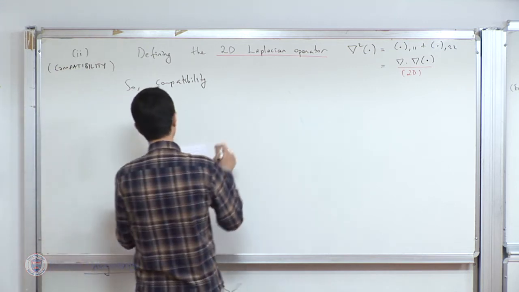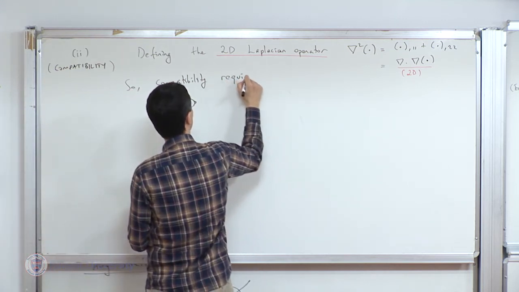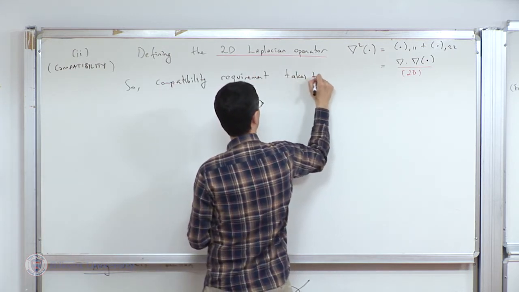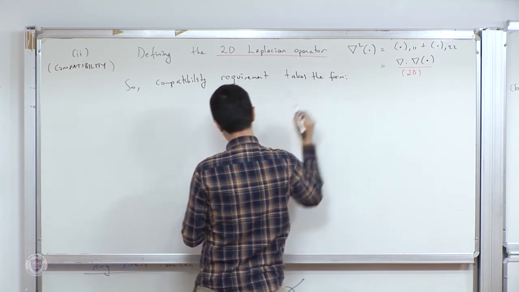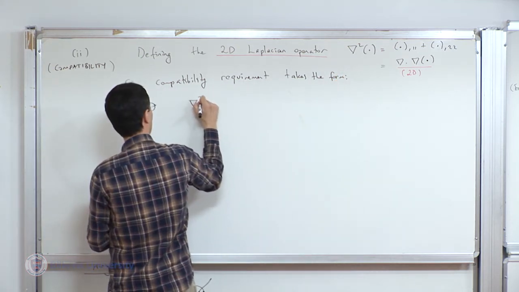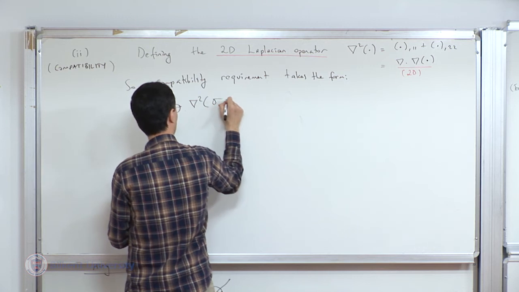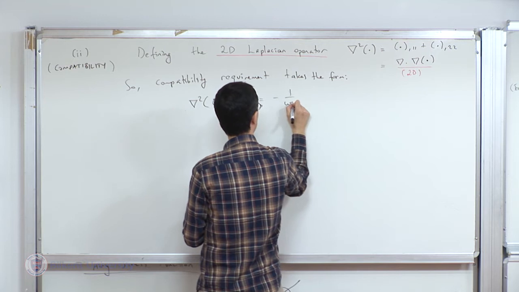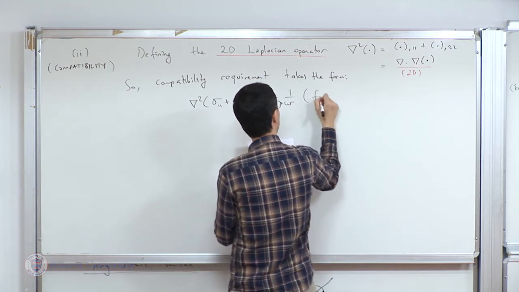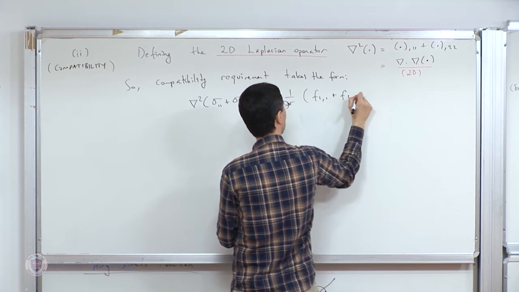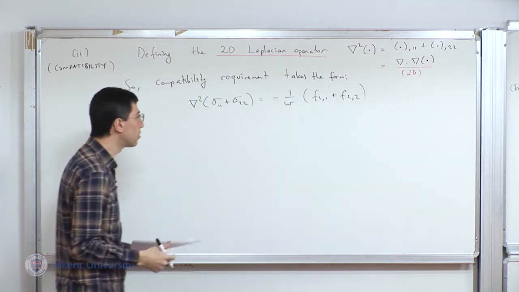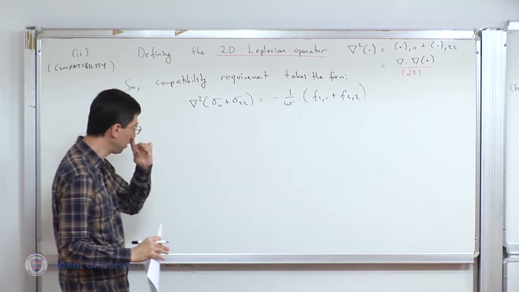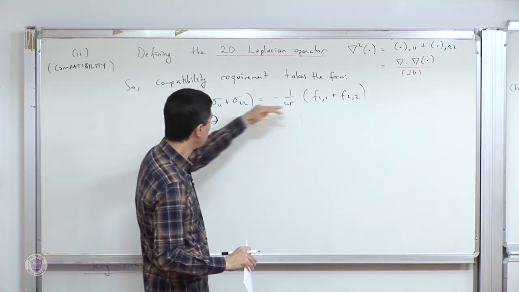And that compatibility requirement was the following. So it does work for plane stress or strain problems. Right? Omega was a constant, a function of simply the Poisson ratio that determines whether this is a plane stress or strain problem, stress, body force.